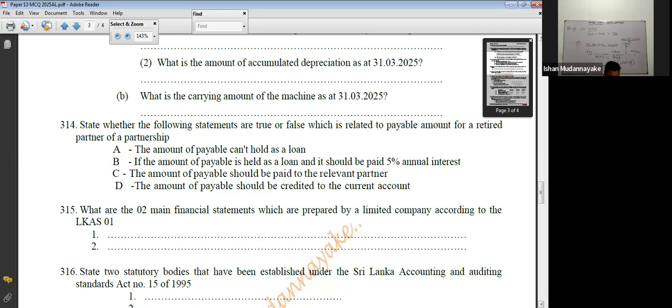That is true. A minimum of 5% interest needs to be paid. If the business is able to pay more than 5%, then they can pay, no issue. The minimum payment is 5%.